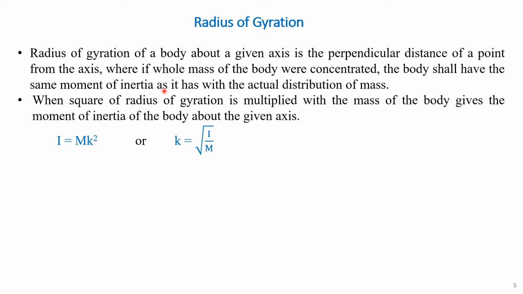When the square of the radius of gyration is multiplied with the mass of the body, the relationship gives the moment of inertia of the body about the given axis. That is, moment of inertia capital I is equal to m into k square, or simplifying, k equals square root of I by m.